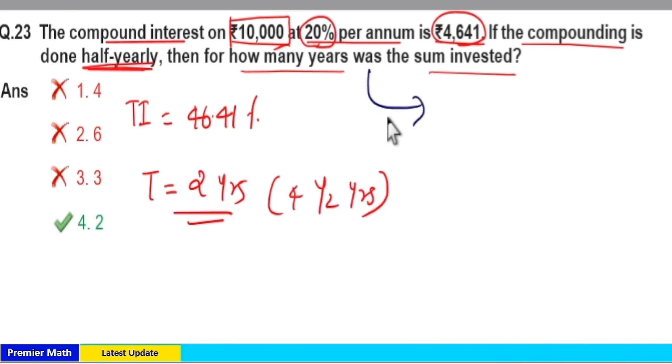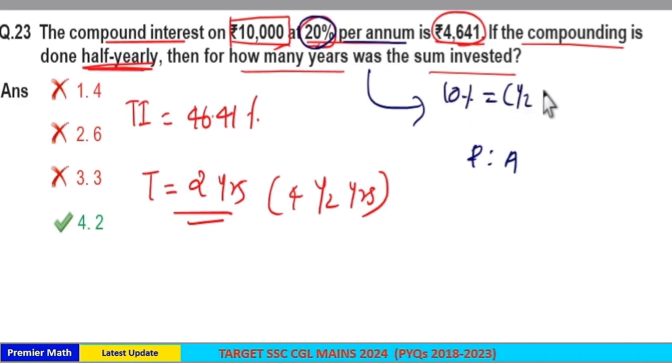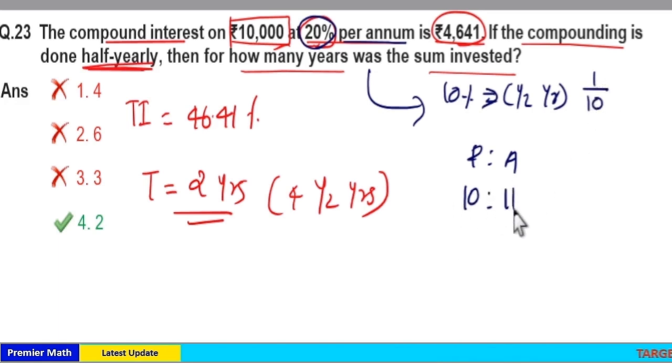If you want to take the ratio, that is principal and amount ratio, here 20% for 1 year, then 10% for half year. 10% means 1 by 10, that is 10 parts is the principal for half year, then 10 plus 1, 11 parts is the amount for half year.